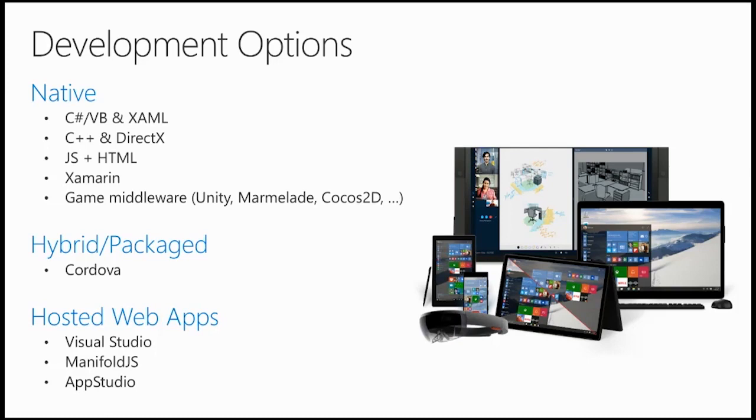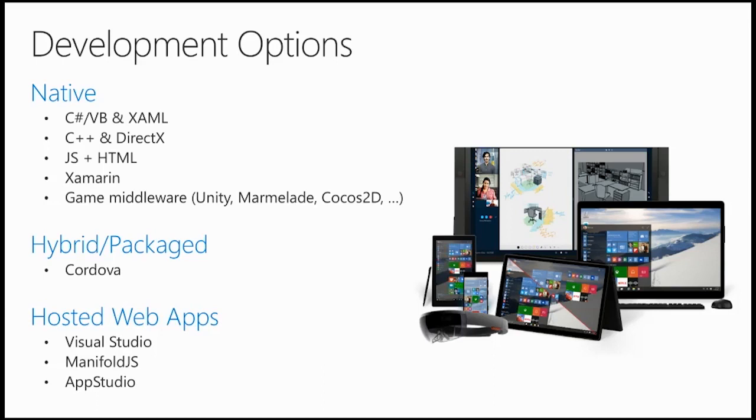Another option for building native applications is to use C++ and DirectX. And even, and this is something I'm going to touch upon in next week's webinar, you can actually use web technology as well. So you could use JavaScript and HTML for building a native Universal Windows Platform app, which is kind of cool. It's not just running in a browser, it's really a native application, and a lot of the built-in applications that come out of the box on Windows 10 have been built using JavaScript and HTML.